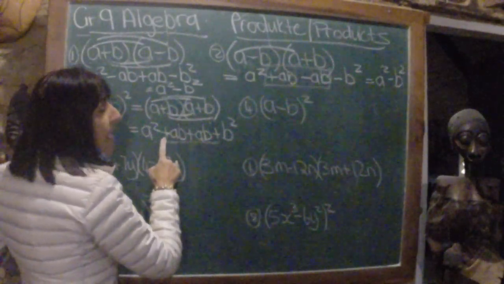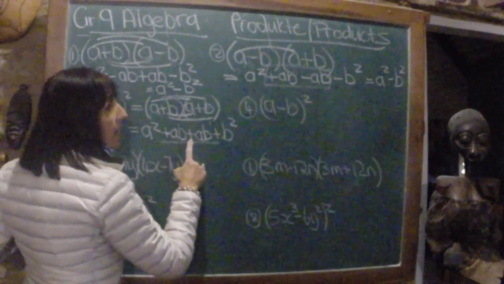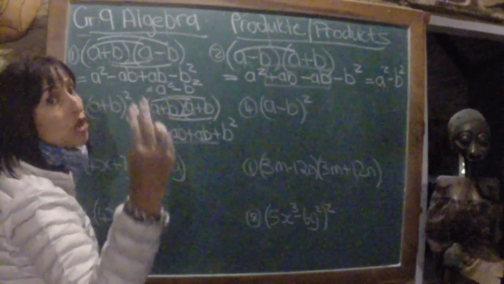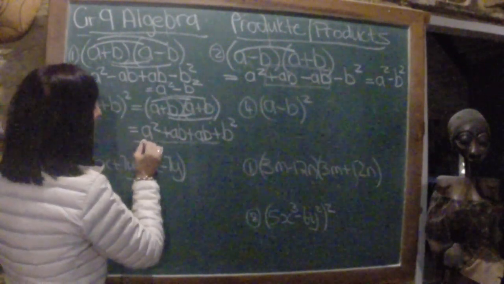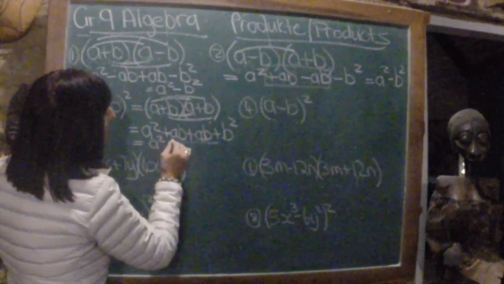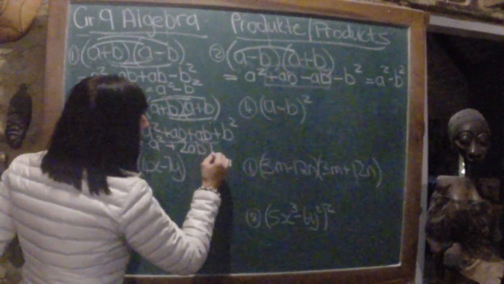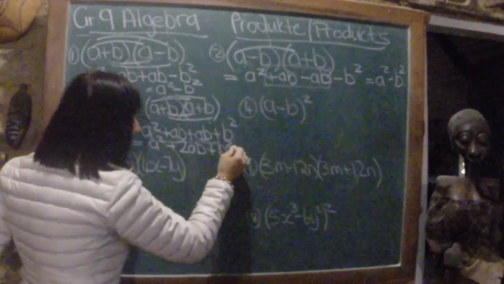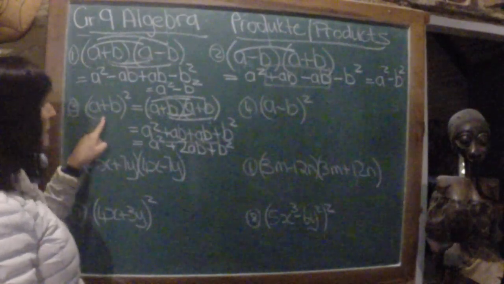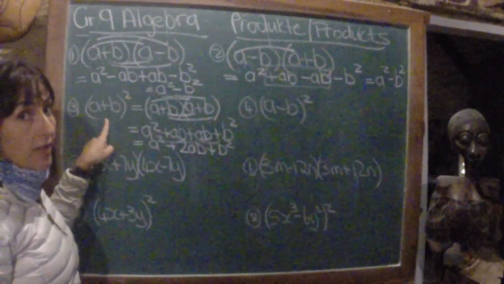It's 1 apple banana plus 1 apple banana gives me 2 apple bananas. So this A kwadraat plus 2AB plus B kwadraat. Kan julle sien dat dit nie die verskil tussen 2 vierkante is nie?